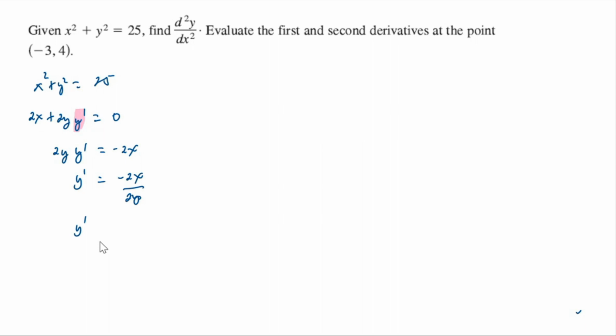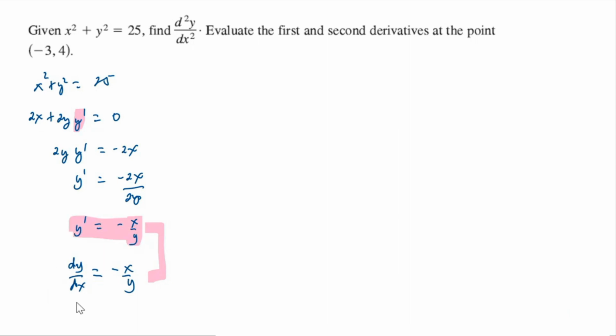So y prime is equal to negative x over y, and this is what we call dy over dx, because y prime is just equal to dy over dx. So basically, these two are the same. That is now our first derivative.